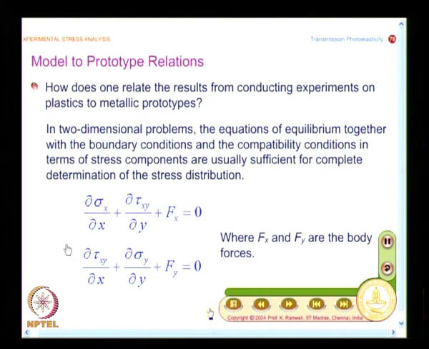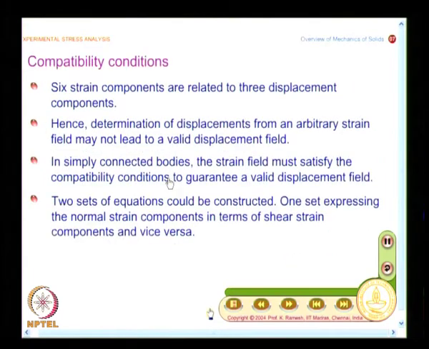And what are compatibility conditions? If you go back to your theory of elasticity understanding, you have 6 strain components, but you have only 3 displacement components. Suppose I find out the strains from displacements, no problem.